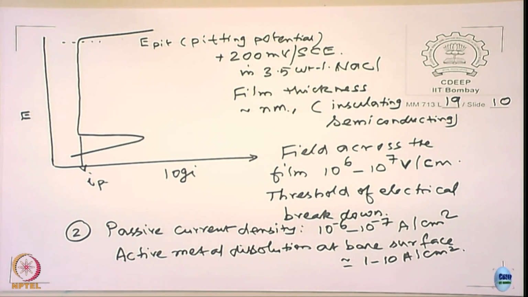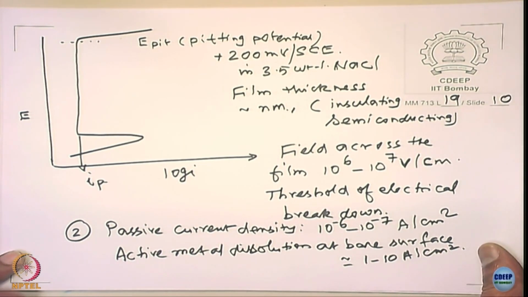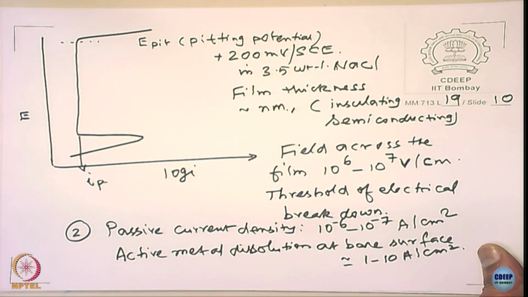So pitting corrosion becomes very, very severe, very insidious, and it happens at the microscopic level. I hope I have conveyed the points clearly. So this is a very important type of failure. That is why a lot of research has gone into understanding the pitting corrosion of metals.